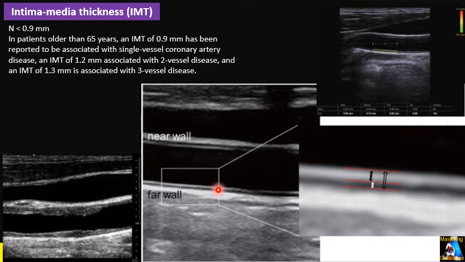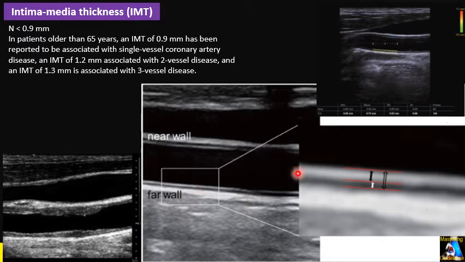For that purpose, we have to zoom in, and then we measure the interface of the intima with the lumen, meaning one cursor here, and another cursor at the interface of the adventitia and the media. You know that on the carotid wall or any artery, we have three layers: intima, the inner layer, the mid one, the medial layer, and the outer layer is adventitia.